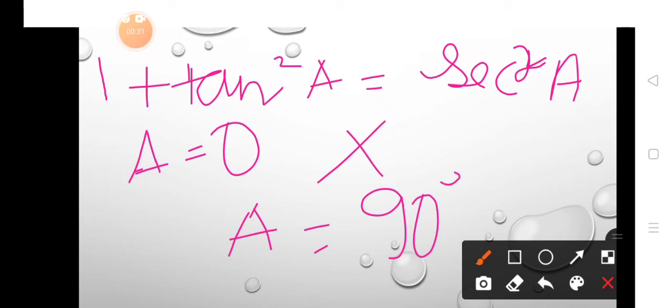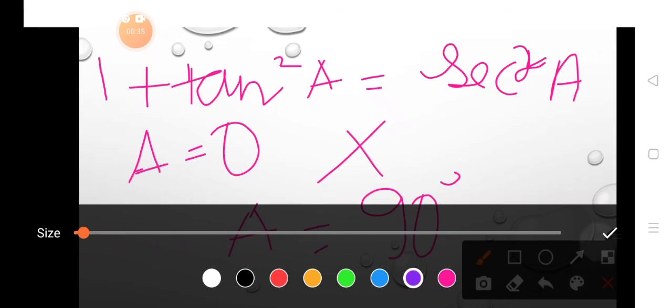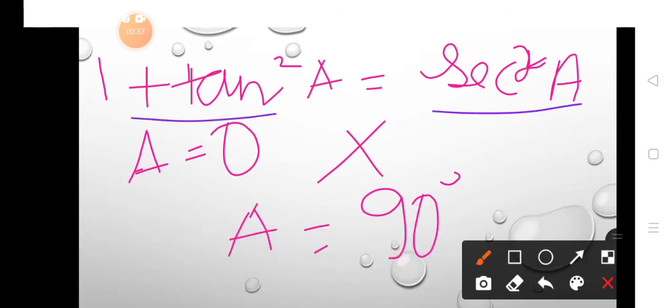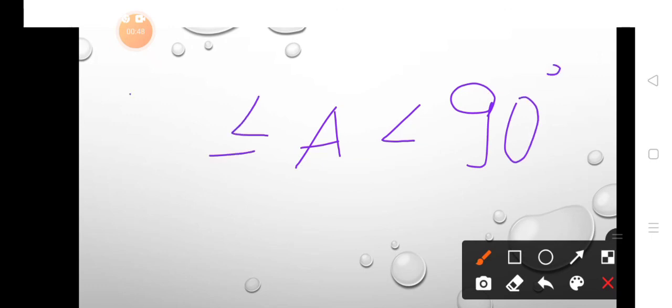Why is it not true? Because tan A and sec A are not defined for A equal to 90 degrees. Hence the value of A will range from greater than or equal to 0 to less than 90.